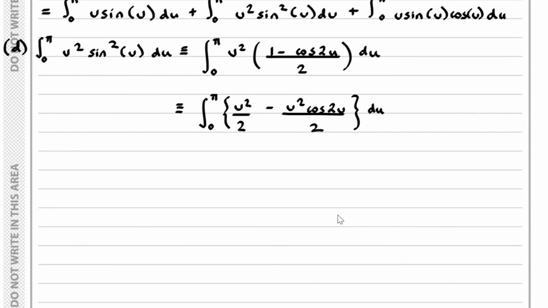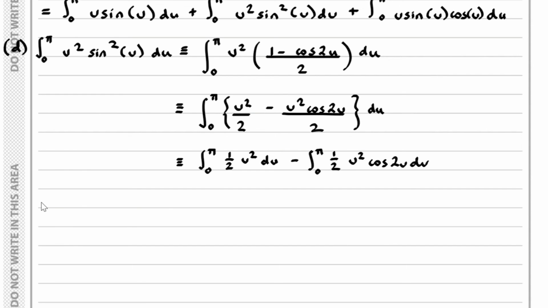And splitting this up even further as two separate integrals, I've got the integral from 0 to pi of 1/2 u squared du subtract the integral from 0 to pi of 1/2 u squared cos 2u du. And now we need to integrate by parts.